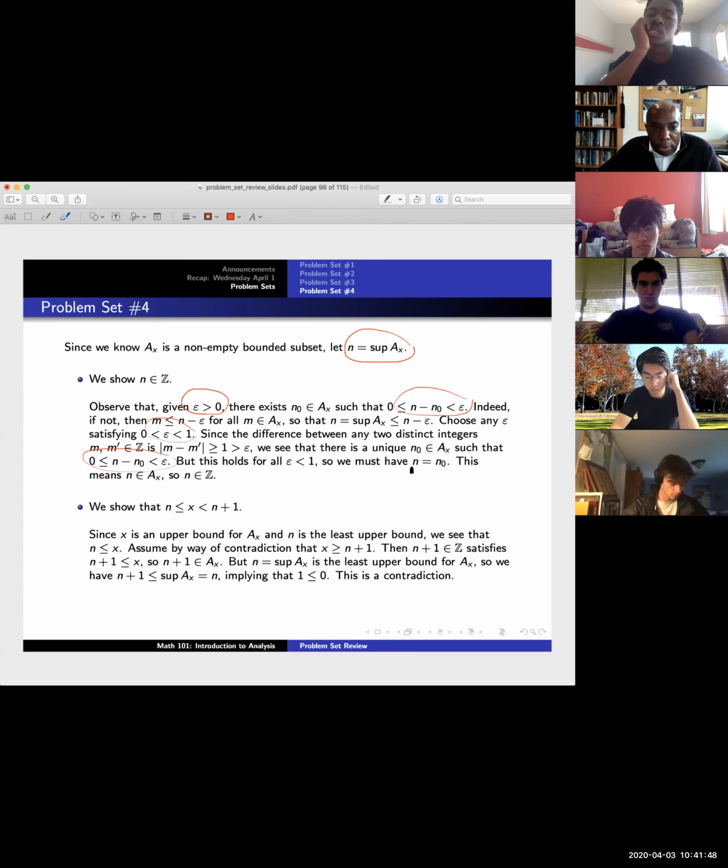So that means n has to equal n0, so n itself is an element of A. Again, the whole idea here is that if you choose epsilon small enough, there's only one integer less than epsilon. That integer has to be 0. So n has to equal n0. n0 is an element of A, so n has to be an element of A.